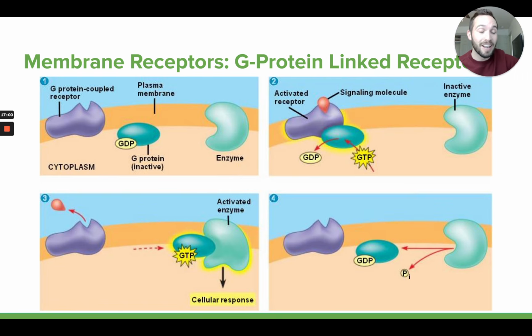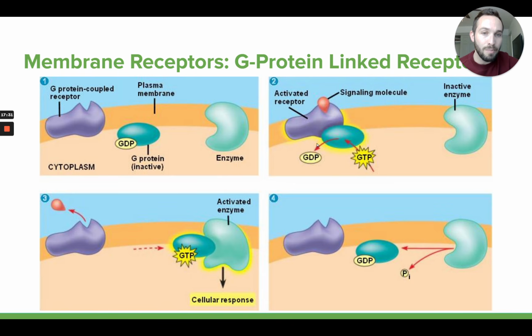It's basically ATP's twin, another type of high energy molecule that cells use, just not as common as ATP. When the G protein is inactive, it has this GDP molecule attached. Now, when this G protein linked receptor binds to the signaling molecule, it allows the receptor to then bind to the G protein. And when it binds to the G protein, it causes a GTP to bind and kick off the GDP.